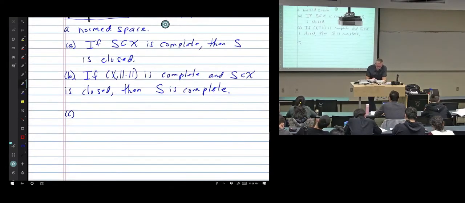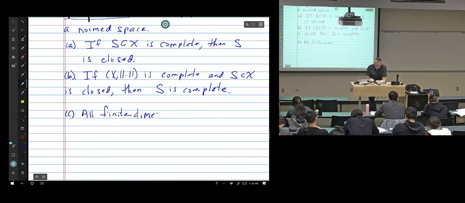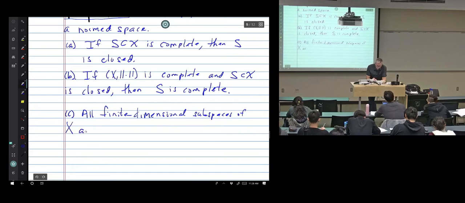And then C, all finite dimensional subspaces of X are complete.